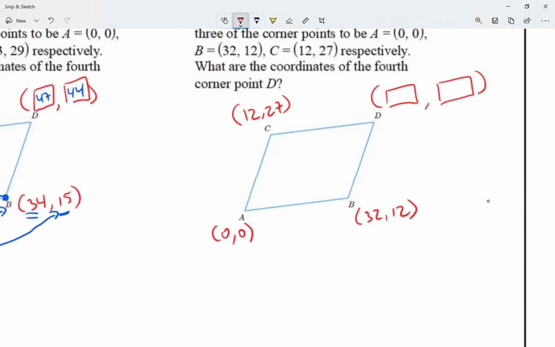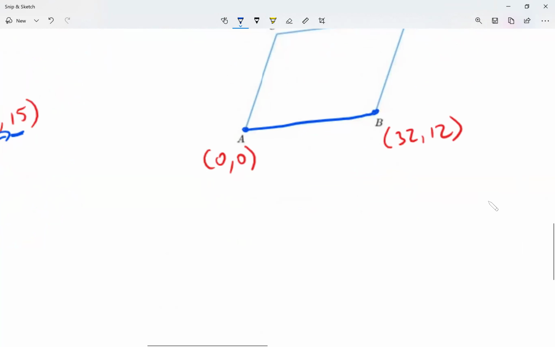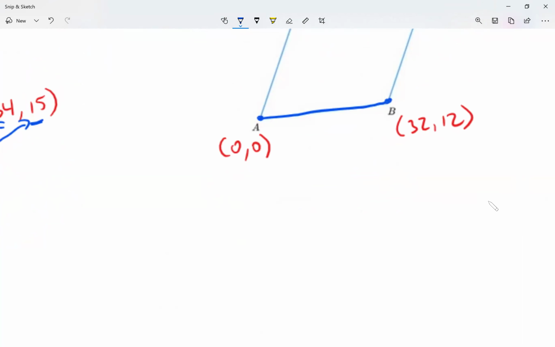I'm looking at my points A and B. Whatever I do to my segment AB is the same thing I'm going to do on the segment CD. They are parallel. So what do I do to the coordinates of A to get the coordinates of B? I know the coordinates of A are 0, 0.